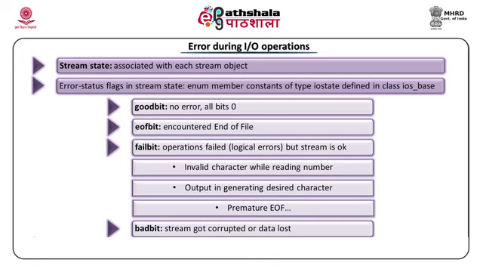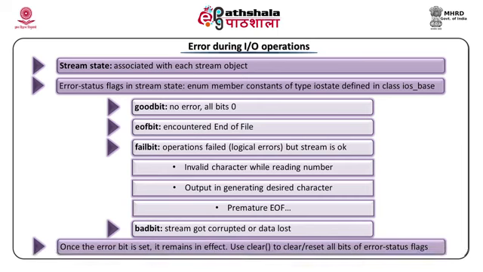So, fail bit may be set during such cases. Bad bit will be set not due to logical error but due to some hardware error, maybe the data is corrupted or lost. So, in this case the stream is not okay, whereas in case of fail bit the stream is okay.